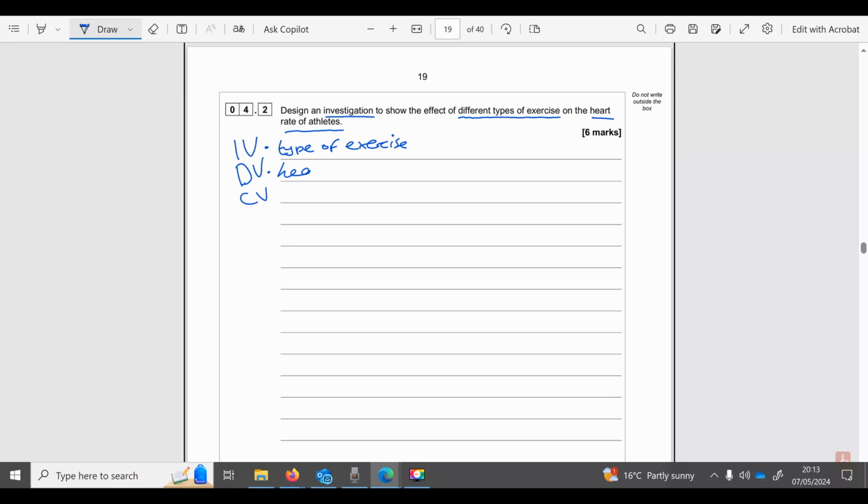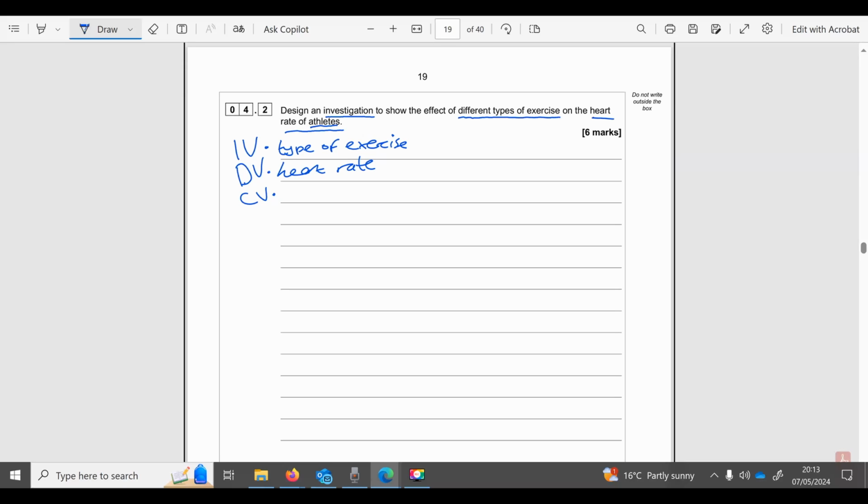So control variable, something that we want to keep the same. Well, we're seeing how the heart rate of athletes changes based on the exercise. Something about the athletes we want to try and keep the same. Now, we could keep the athletes the same, but we want to try and use as many athletes as possible.